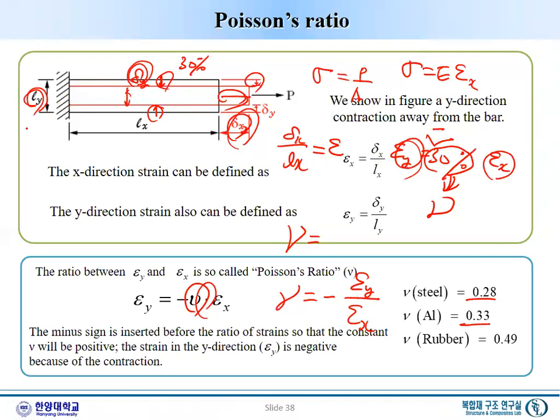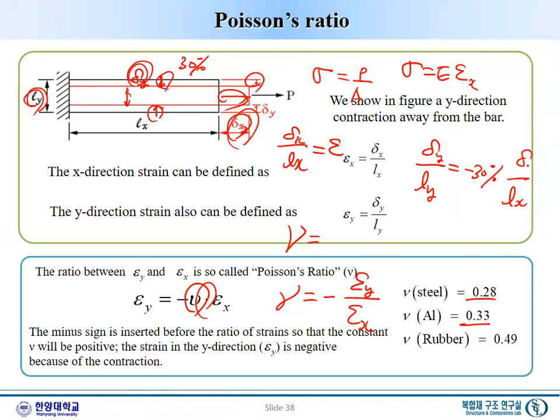But in terms of strain, that is 30%. So I will rewrite here. Delta Ly and delta Y is minus 30% of delta Lx and delta X. Okay? That's the definition of strain and Poisson's ratio.